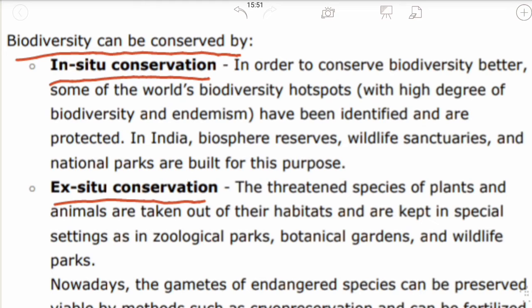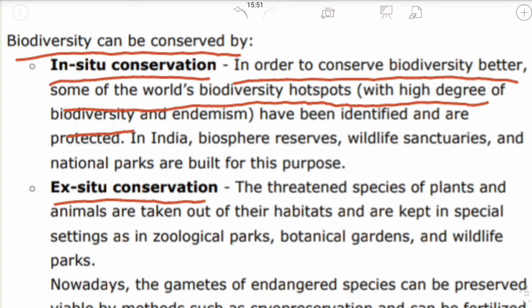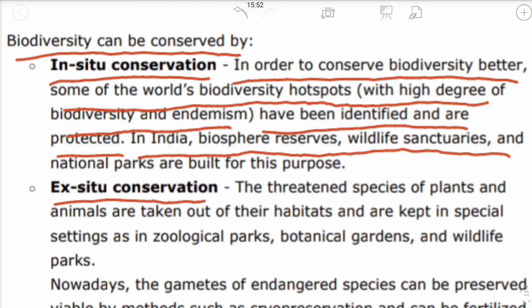In situ conservation: in order to conserve the biodiversity better, some of the world's biodiversity hotspots with a high degree of biodiversity and endemism have been identified and are protected. In India, biosphere reserves, wildlife sanctuaries and national parks are built for this purpose. So basically, here endangered species are conserved in the natural habitat.